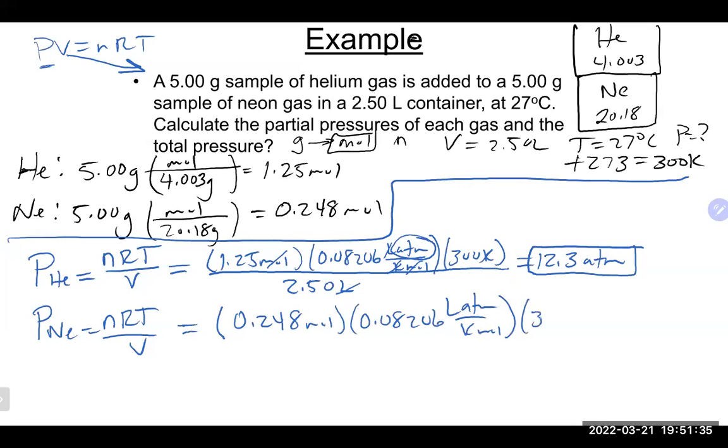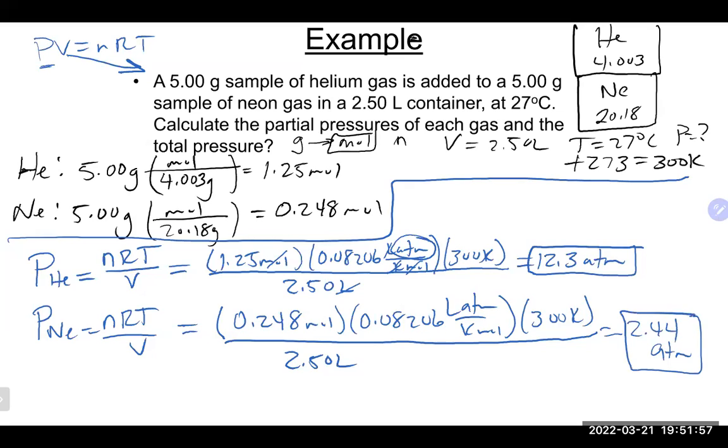Our temperature is the same because it's in the same container. And obviously our volume is the same because it's in the same container. Taking 0.248 times 0.08206 times 300 and dividing by 2.5 gives us 2.44 atmospheres. That would be what is known as the partial pressure for neon in this case.